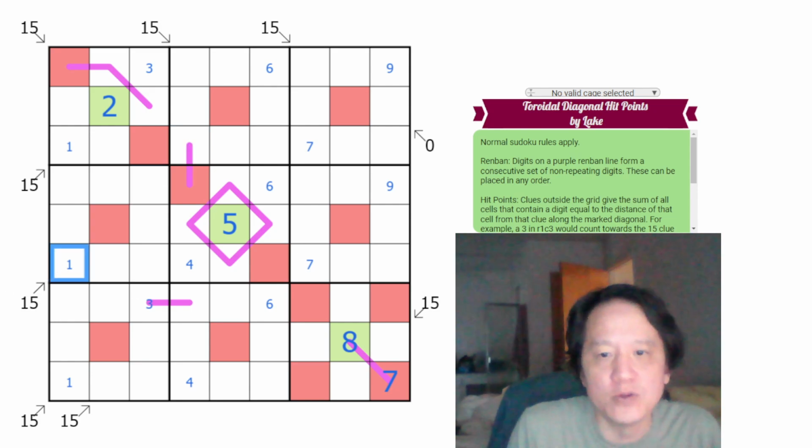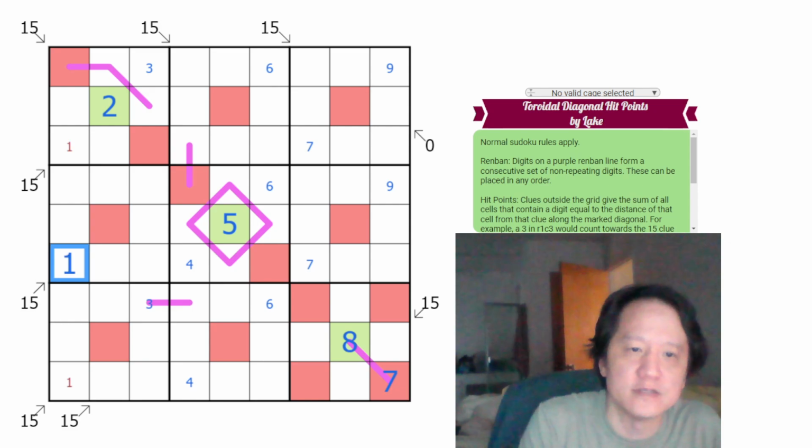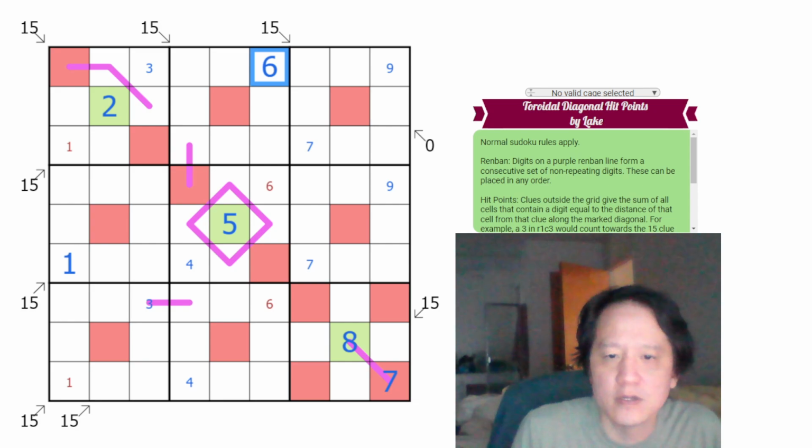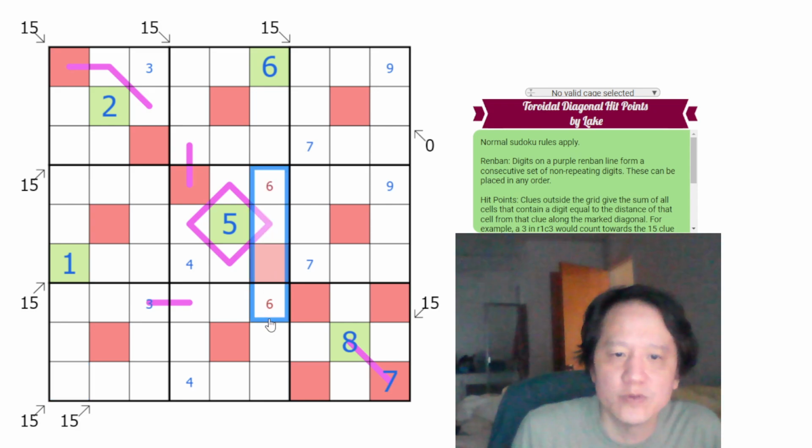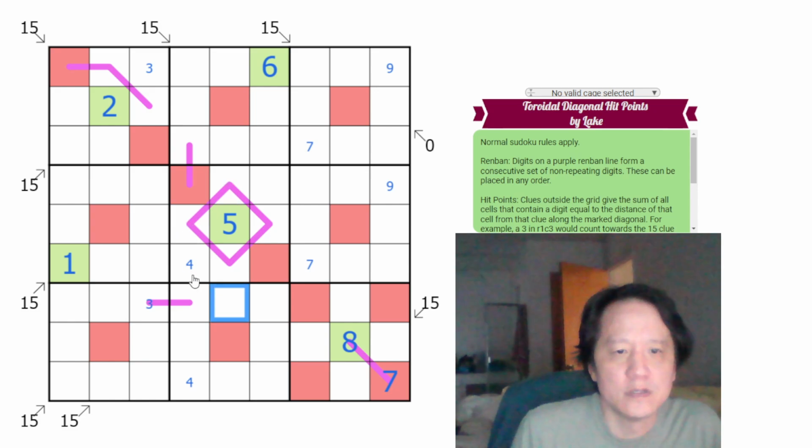So we know then this is 1 and this is 6. So those are both good. And therefore this can't be 1. This can't be 6. Do we need to color these in? I don't know.